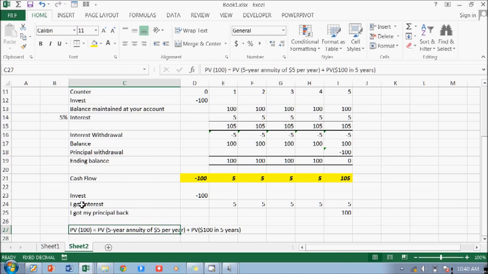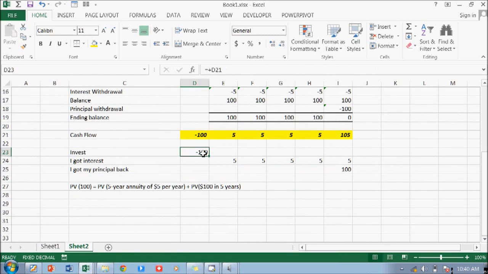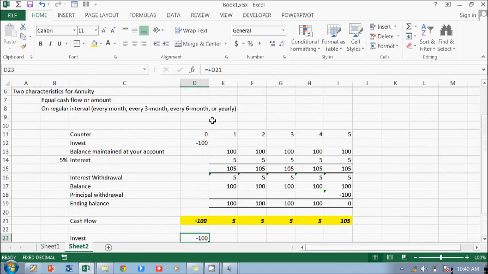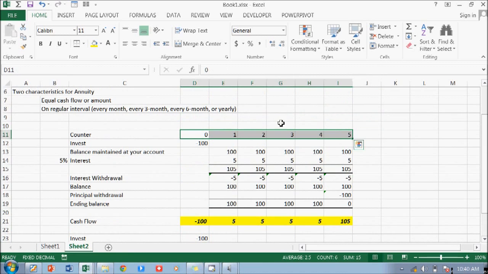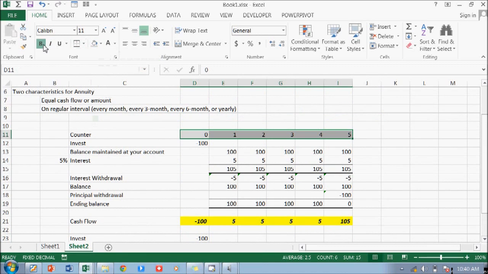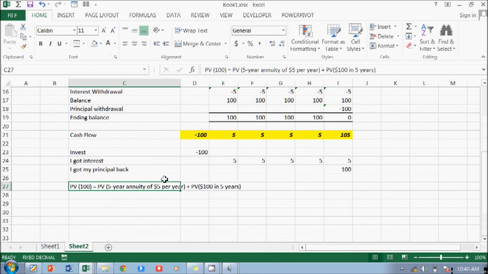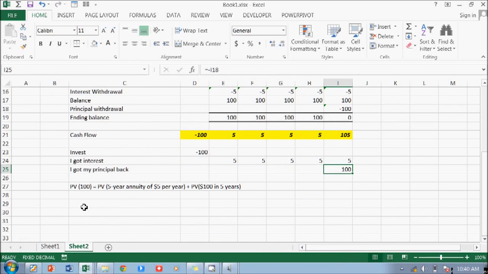So hopefully you can follow me, easy. The present value is 100 here because this is today, 0. The counter is 0. And it's the same as the present value of $5 plus you get your money back.